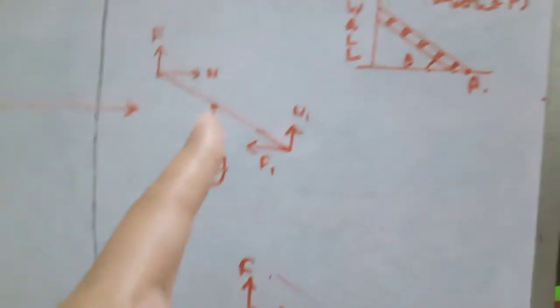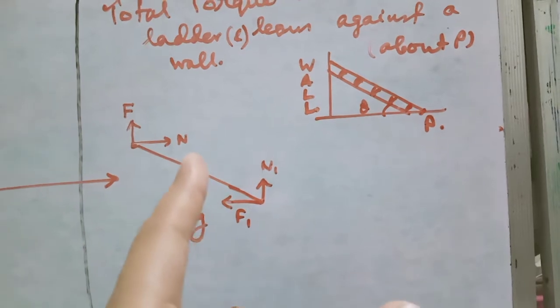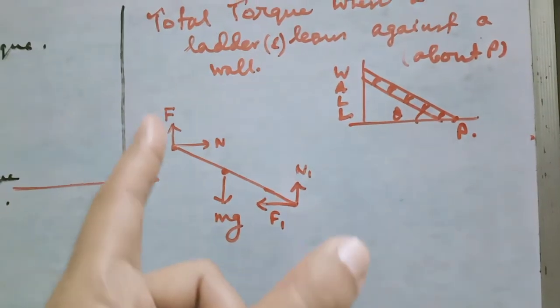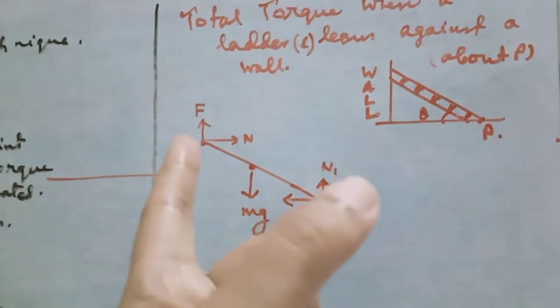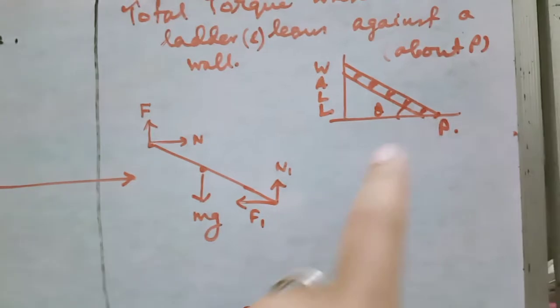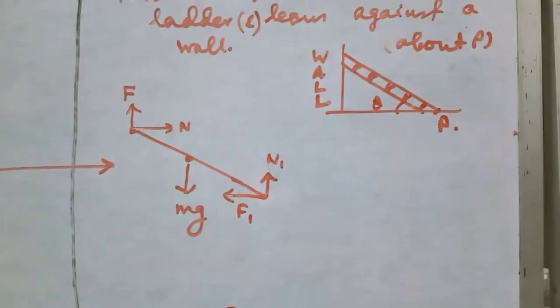The weight of the ladder must be acting from its center. If the length is L, then this length is L by 2 and this length is L by 2. So force F will act here and N will act here. The normal component, again a force, will act in the upward direction.